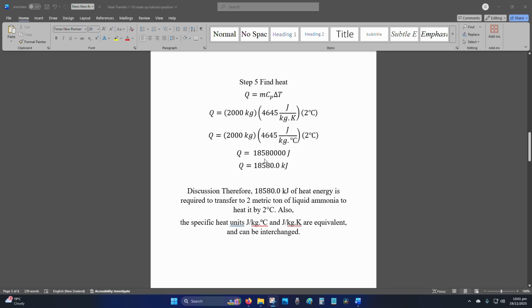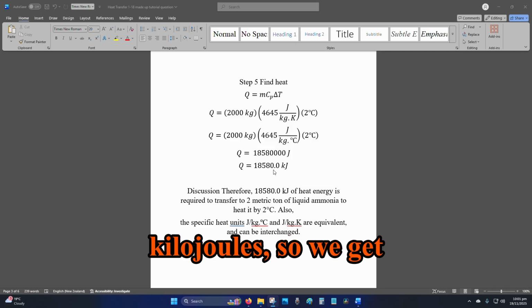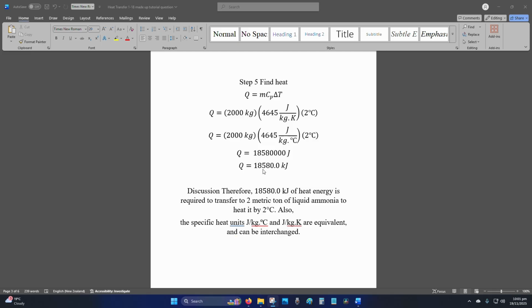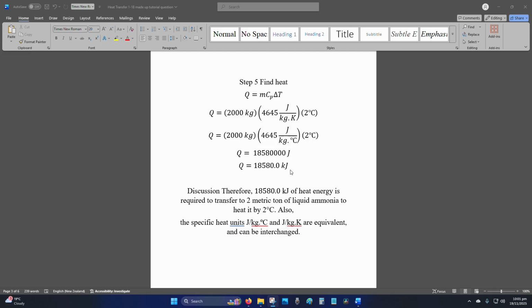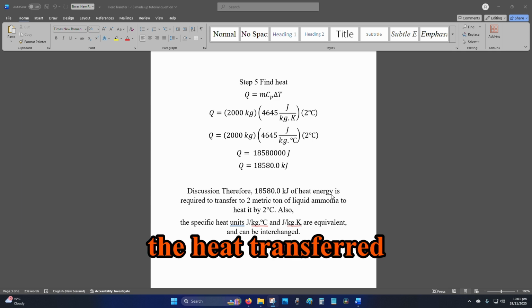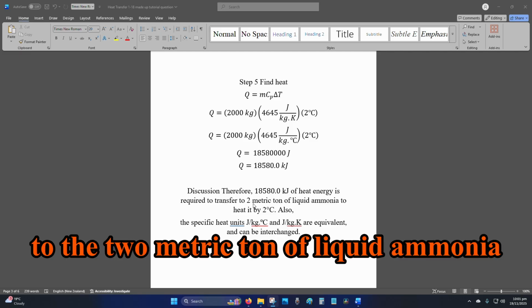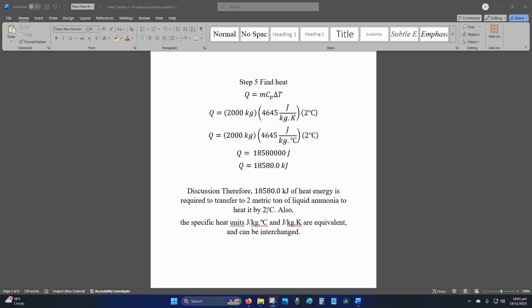So we're going to condense this into kilojoules. So we get 18,580 kilojoules. Note that this amount is the heat transferred to the 2 metric ton of liquid ammonia by a difference of 2 degrees Celsius.